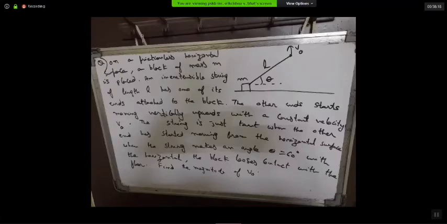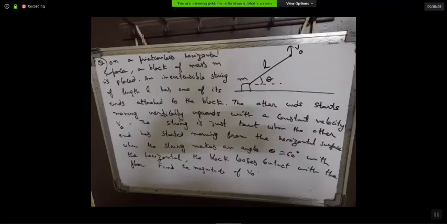A block of mass m is placed on the surface. An inextensible string of length L has one end attached to the block, and the other end starts moving vertically upwards with a constant velocity v naught. The string is just taut when the other end starts moving from the horizontal surface, that means from the same level as the block.